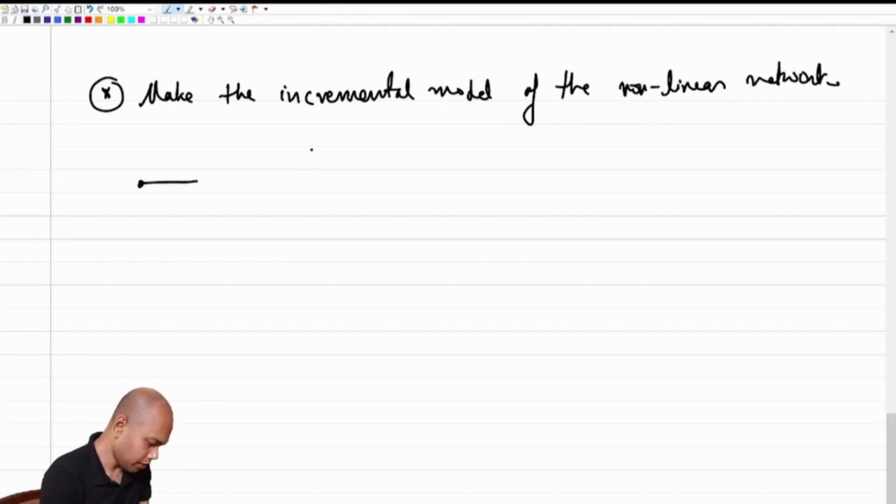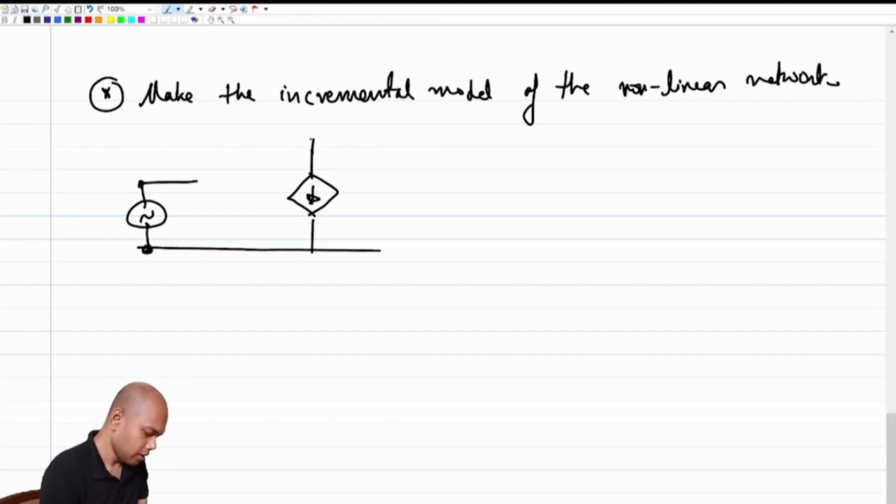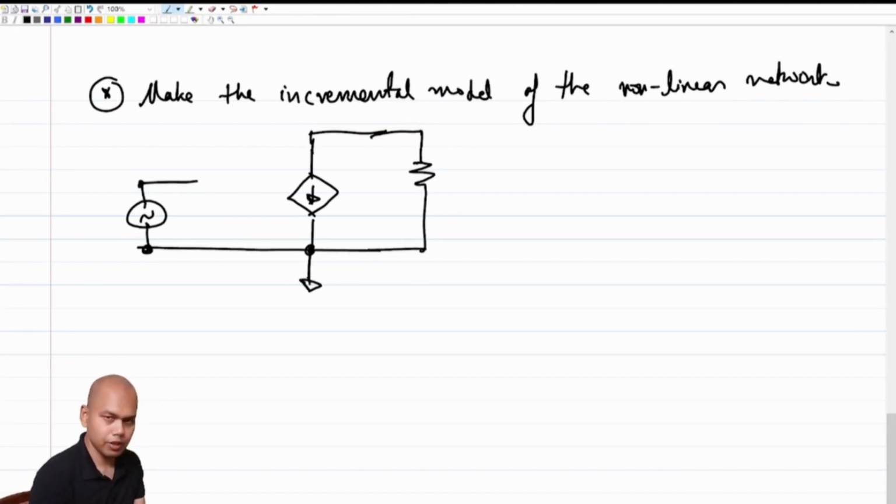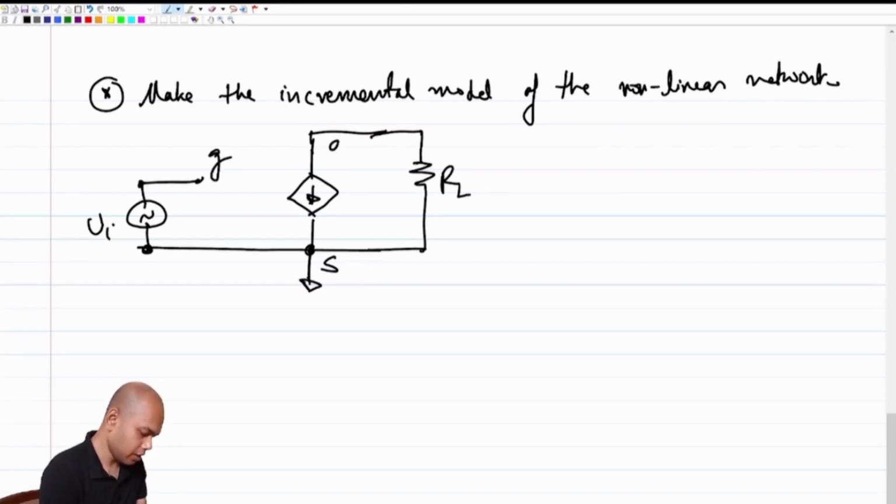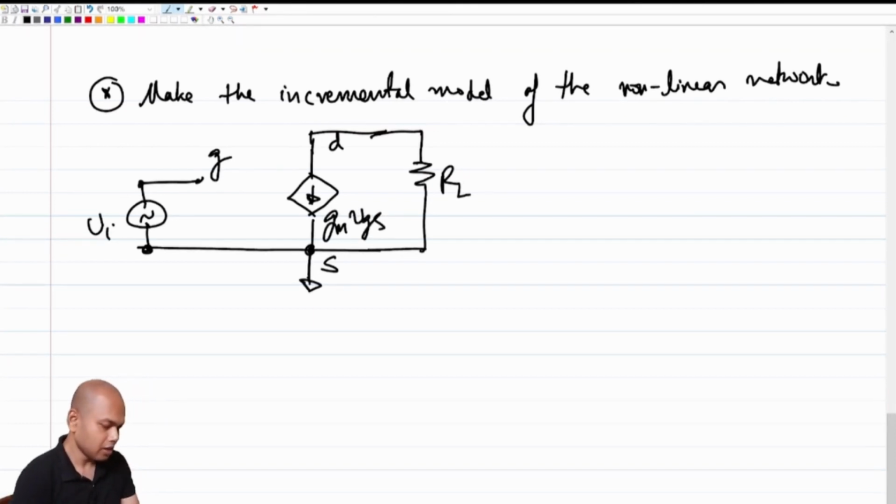The incremental model is this, where we don't have any constant voltage or current sources. We only have incremental quantities, and the MOSFET has been replaced with its incremental equivalent. Vi, this is gate, this is source, this is drain, this is gm vgs.